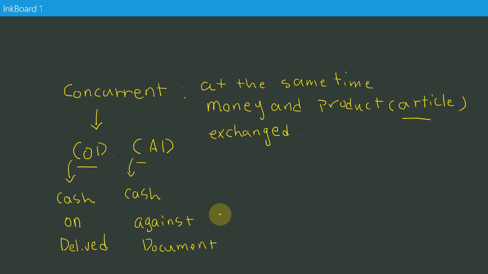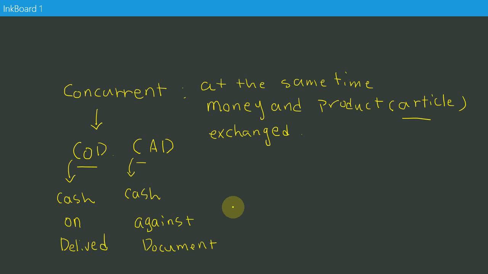Then you can compare two terms, right? The C is in common, cash. O stands for on, A stands for against, D is the same character but with different meaning. D of COD stands for delivered, but D of CAD stands for document.